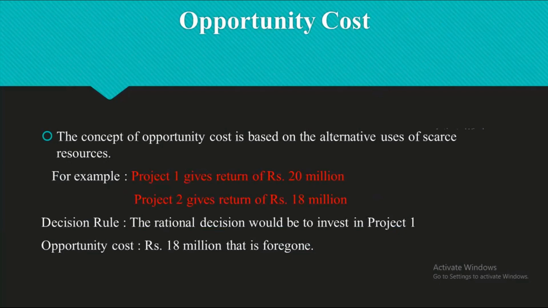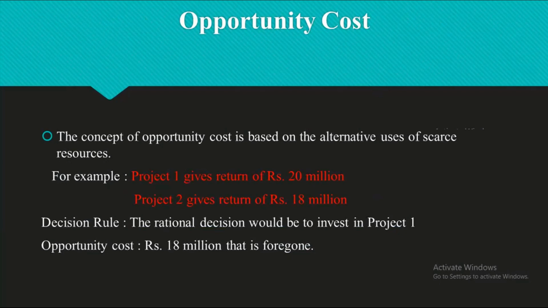Here we suppose that all the other determinants that affect the decision making process of an investment remain same, that they are neutral in case of both of these projects. So we are only considering the return in this case.